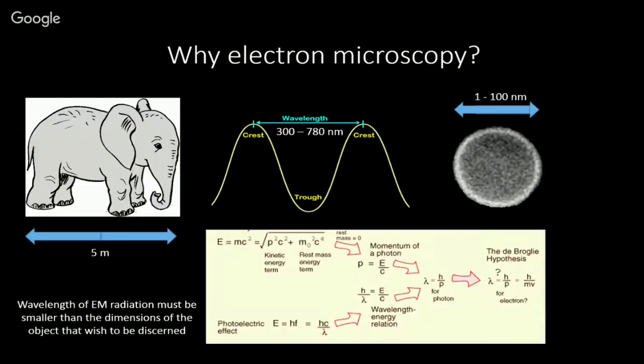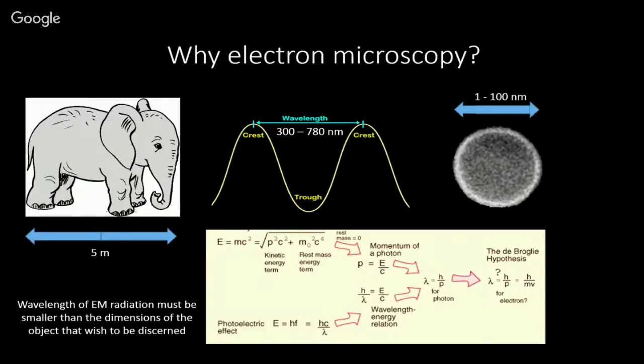You won't, because the wavelength of the light has to be at least equal to or smaller than the size of the object. Otherwise, you can imagine it as just hopping over the elephant, right? The same is true here.